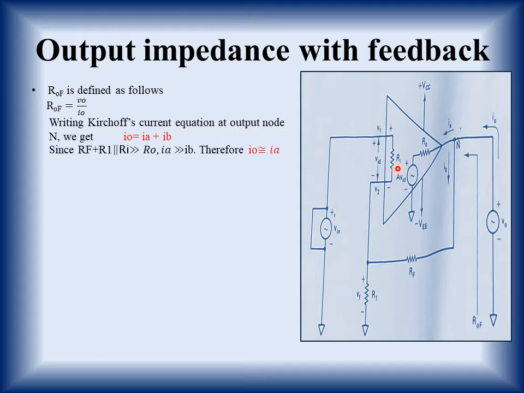So what can we write? We can write the total resistance. If we approximately calculate it, it will be RF plus R1 in parallel combination with Ri. This value is very large as compared to R naught, because we have already defined that the output impedance of the op amp is small.